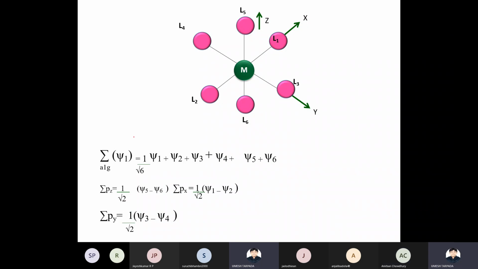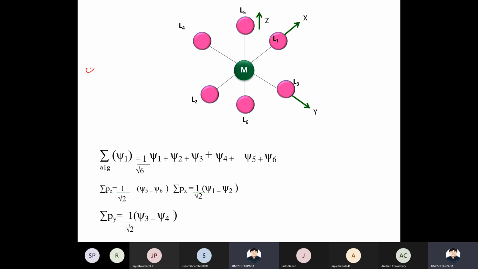So you are going to make two types of combinations: one with bonding formation and the second with anti-bonding formation. Overlapping takes place between the metal orbital, the metal component, and the ligand orbital. These two are responsible for overlapping.